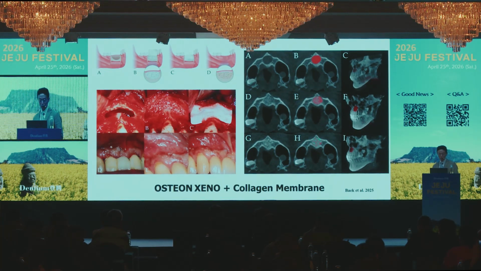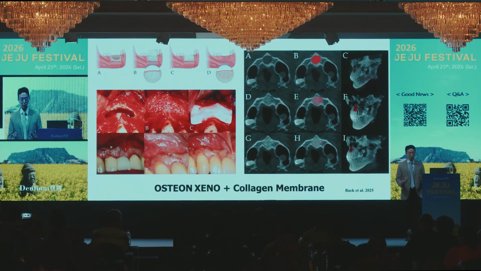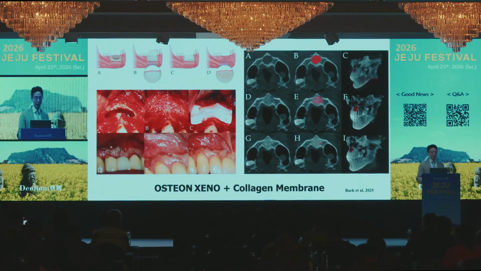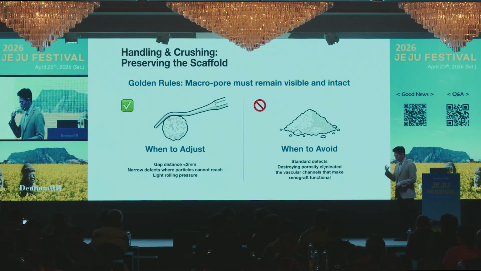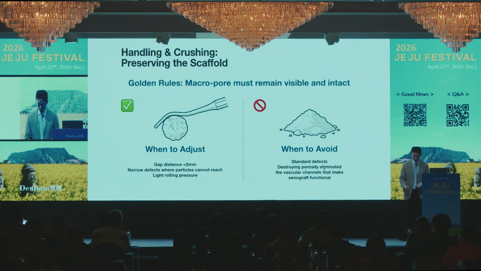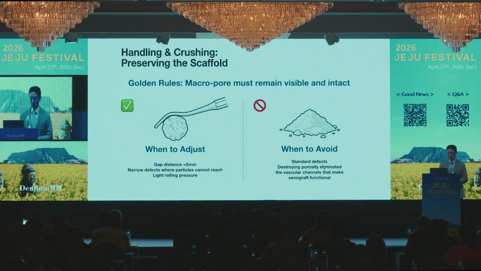Seeing these results in pathology cases gave me great confidence for using it in implant cases. So now I'm using only Osteon Geno particle bone in simple GBR cases and most of the bone grafting cases.